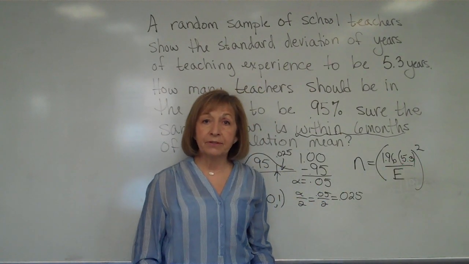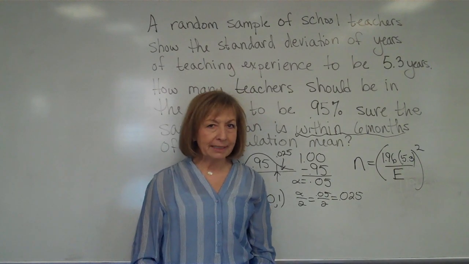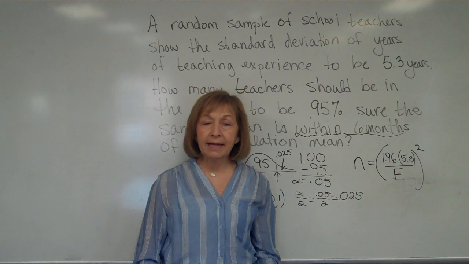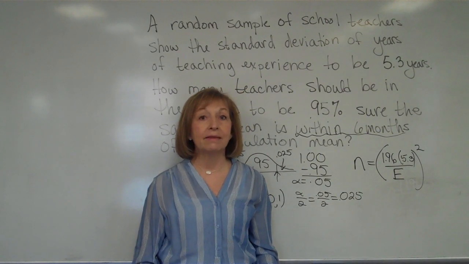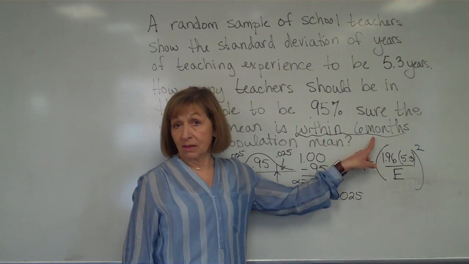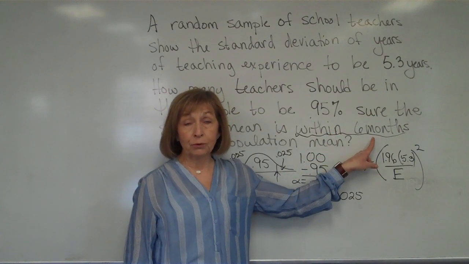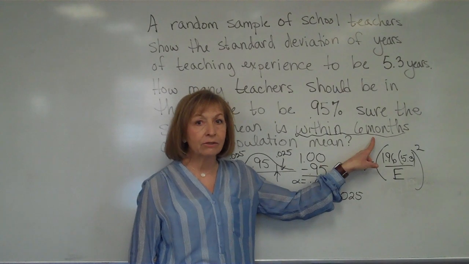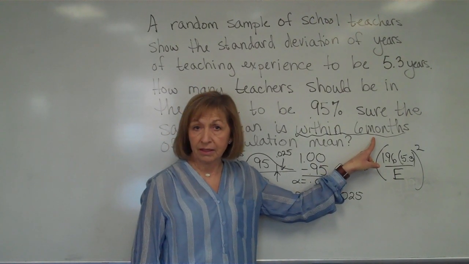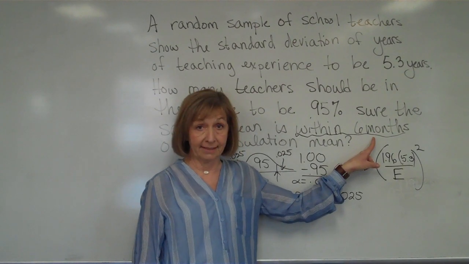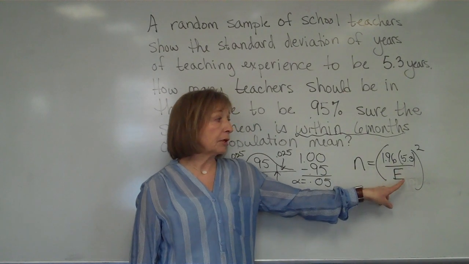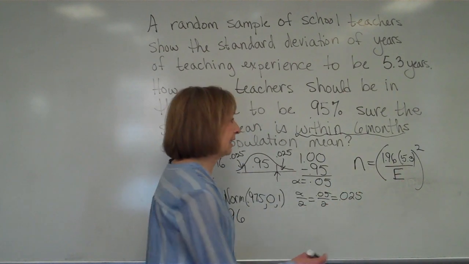When you're doing these problems for sample size, usually if you look for the word within or some similar wording to that, it's the number that follows the word within that is your E. Now, this says within 6 months. These units don't match. So if I have my standard deviation in years, then I want to change this 6 months to what portion of a year that represents. So 6 months is 1/2 of a year, so I'm actually going to put a 0.5 in for the E for this problem.